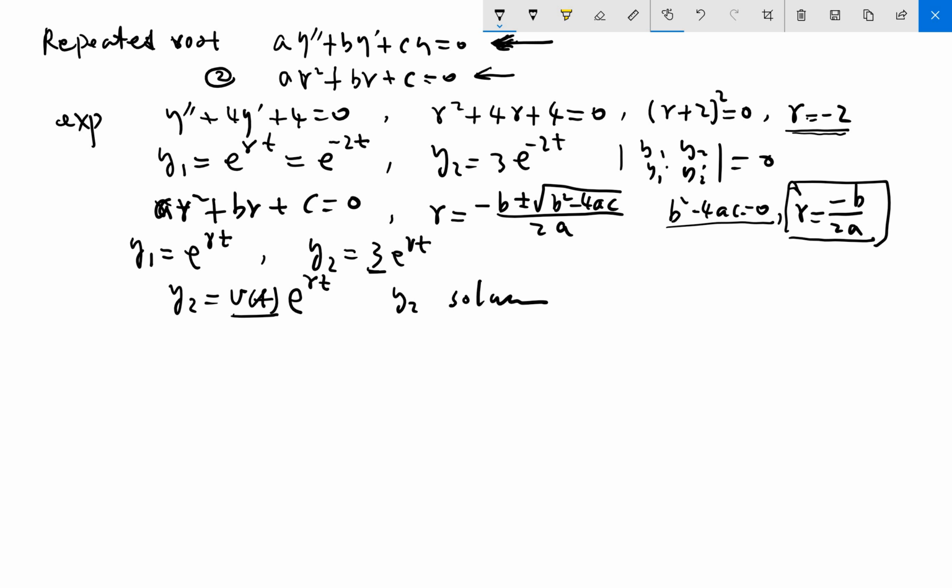Then plus, use the product rule on the other term: r is a constant, so it gives r v' e^(rt), the same as the previous one, so we get twice that. Then taking the derivative of the second one gives another r, so r^2 v e^(rt).